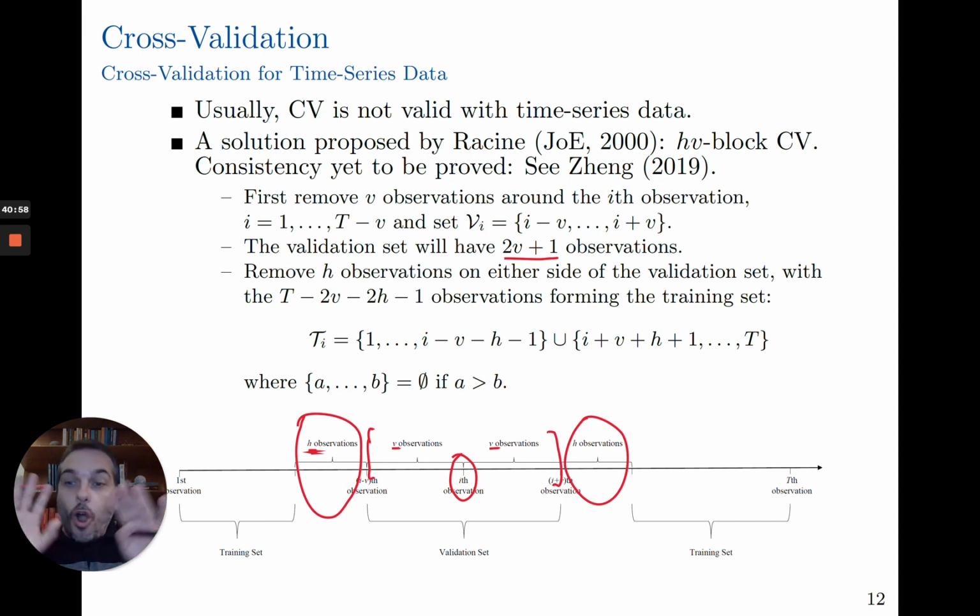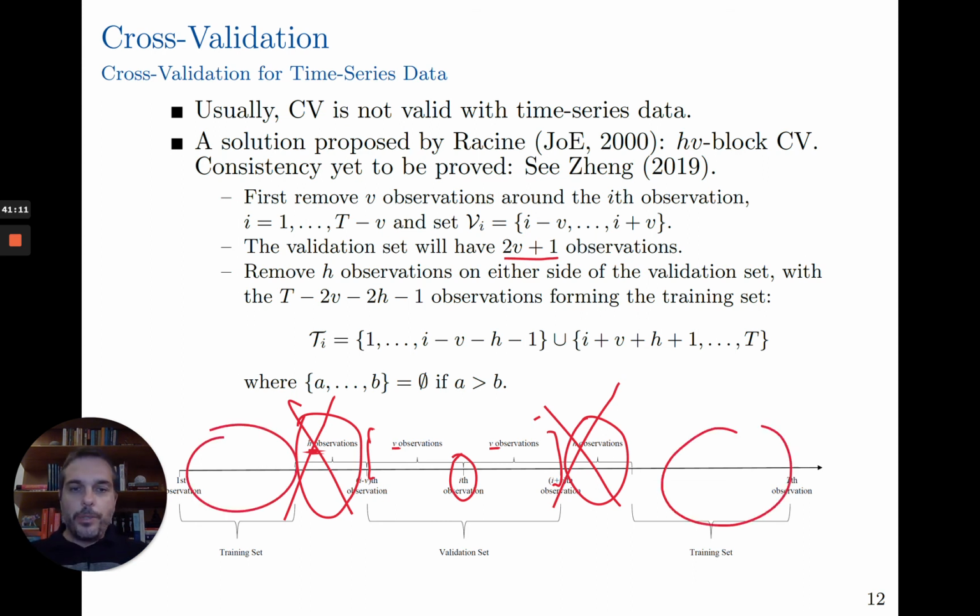And we are not going to use those observations. We throw them in the bin. Forget about that. And then the rest will be our training set. So that's how we define the blocks.